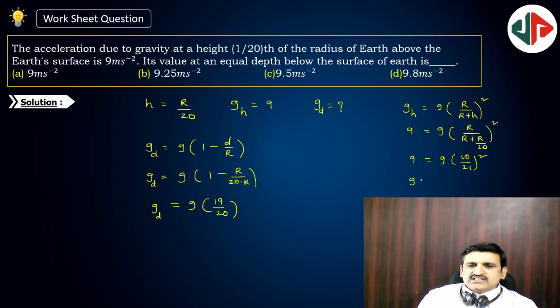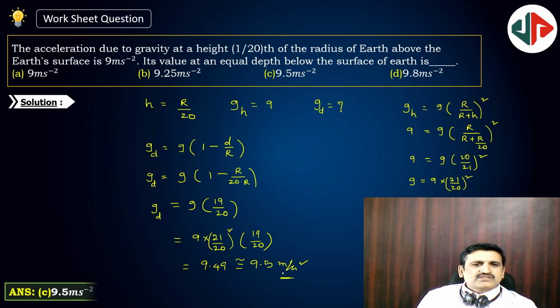So small g is equal to 9 into 21 by 20 whole square. That we need to replace here. So that is equal to 9 into 21 by 20 square into 19 by 20. So 20 is 400, 21 square, 19, roughly it is coming to 9.49, which is approximately 9.5 meter per second square. So option must be C.